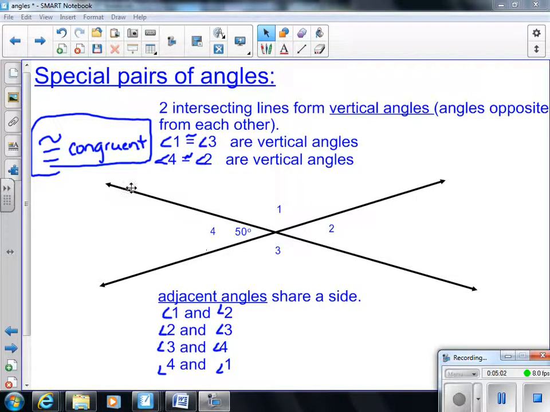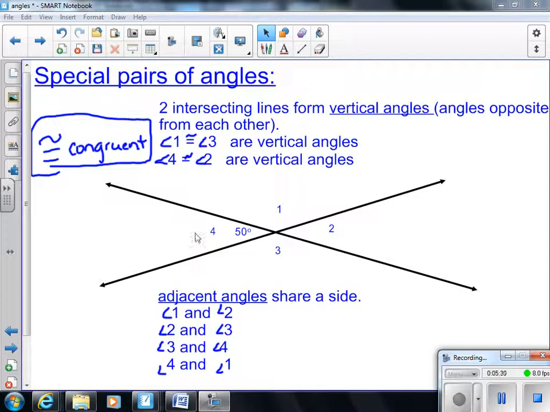Now the first special pair of angles we have are actually four angles, but we're going to look at two of them that are formed from two intersecting lines. Give me a thumbs up if you know what intersecting lines are. Okay, good. They're lines that just cross each other. Vertical angles are angles opposite of each other. So we say angle 1 and angle 3 are what we call vertical angles.